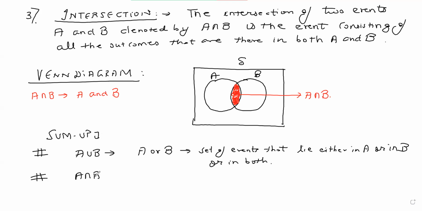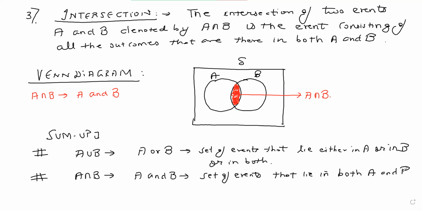A intersection B, also called A and B, is the set of events that lie in both A and B. So this is the union of two events. This is the intersection of two events.